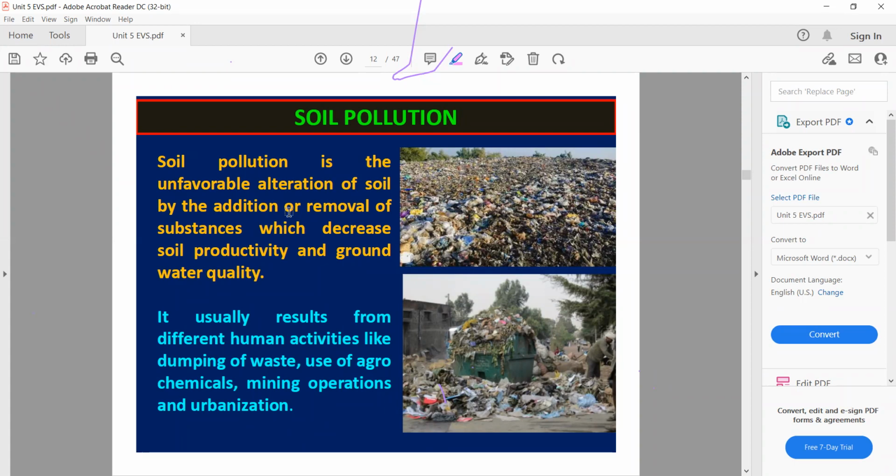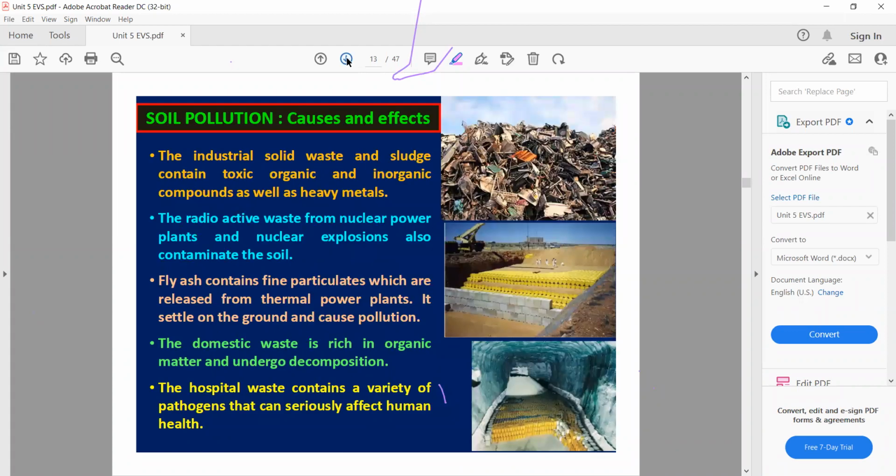Soil pollution is the unfavorable alteration of soil by the addition or removal of substances which decrease the soil fertility, that is soil productivity, and groundwater quality, right? It usually results from different human activities like dumping of waste, use of agrochemicals, mining operations, and urbanization. So basically, soil pollution is all anthropogenic. It's generally more or less not natural.